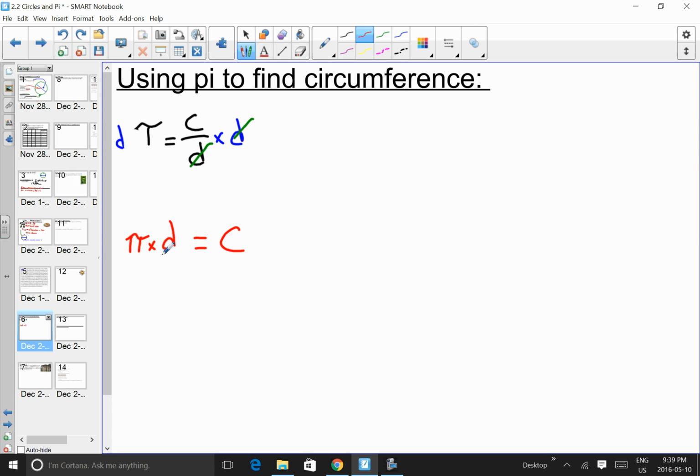Now what if you don't know the diameter? Remember, we said the diameter is the full way across the circle. The radius is the halfway. So diameter is the same thing as 2 halfways across the circle, or 2 radiuses, radii. So if the circumference is equal to pi times the diameter, well, diameter is the same thing as 2 radiuses.